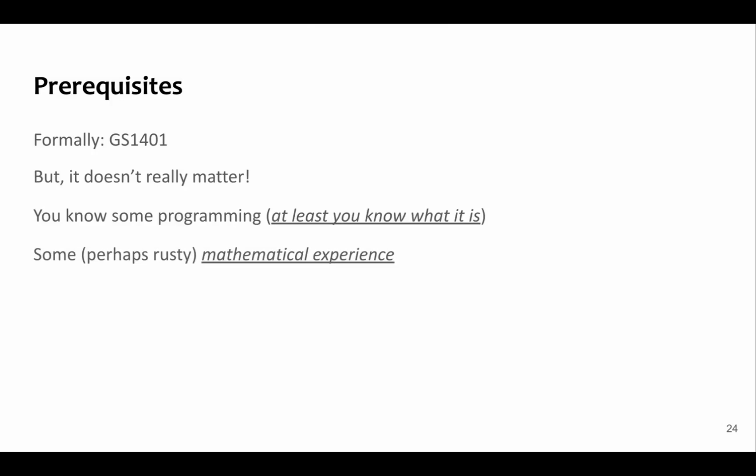Perhaps some mathematical experience, like discrete mathematics or calculus, just some mathematical experience. And because you are GIS students, I'm sure that you all have this amount of mathematical experience. And you just need a laptop or desktop with an internet browser because you are using Google Colab.